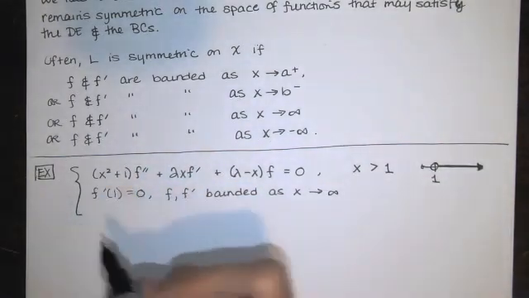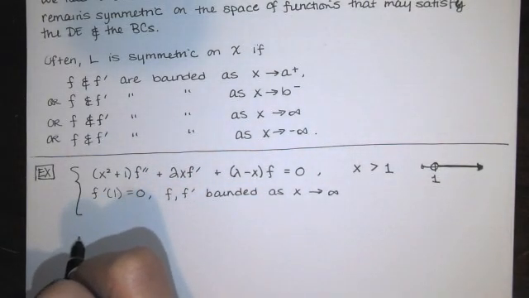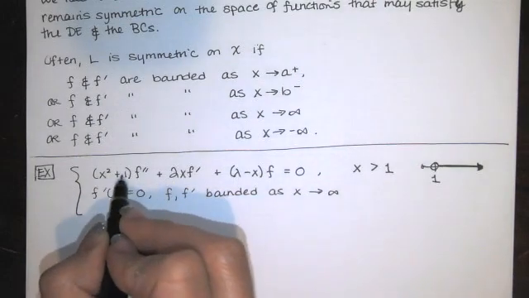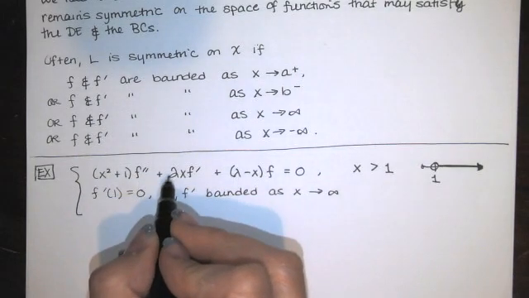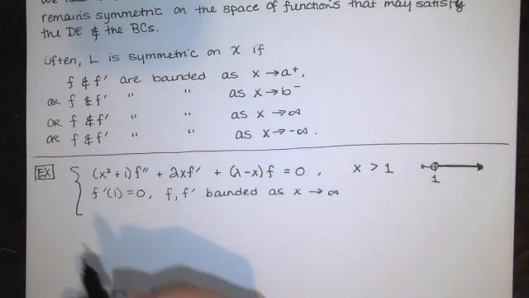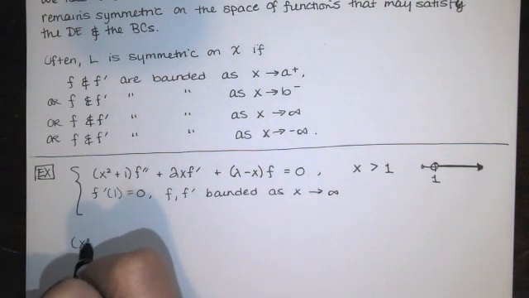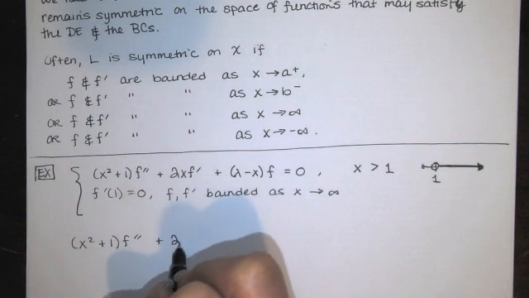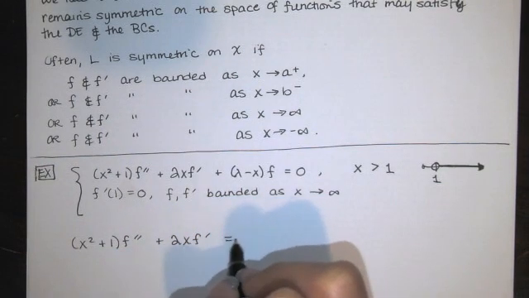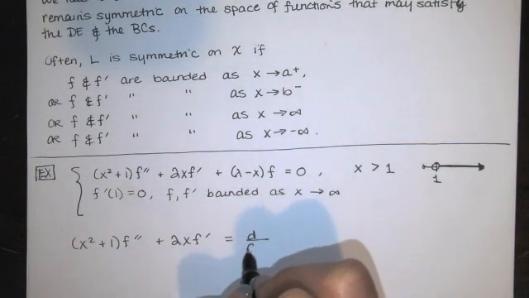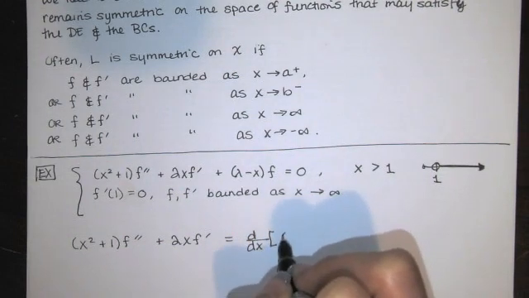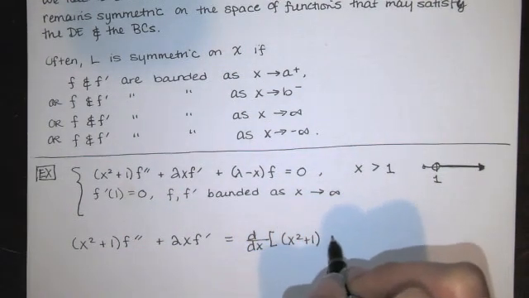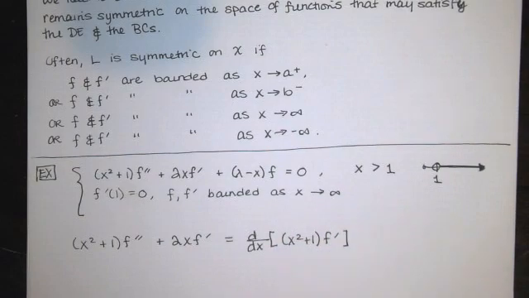I want you to notice too that this x squared plus 1 times f double prime plus 2x times f prime is the result of a product rule. That's going to be the same as the derivative with respect to x of x squared plus 1 times f prime.